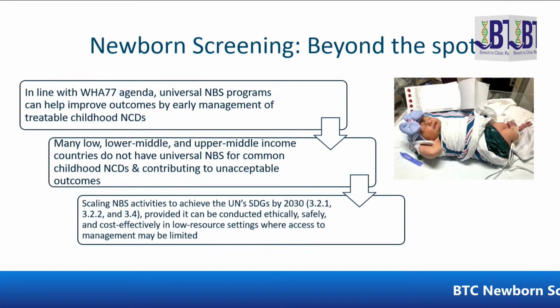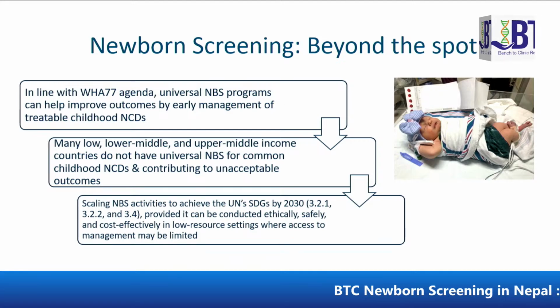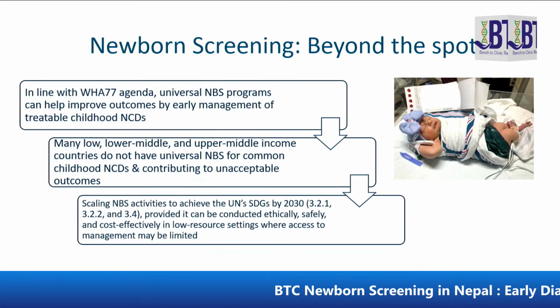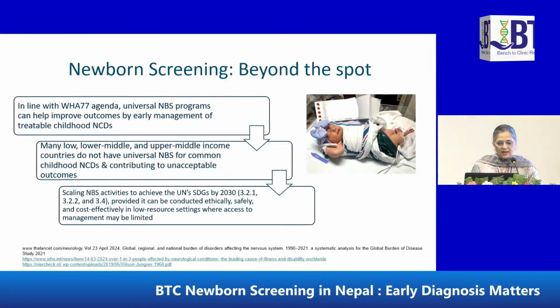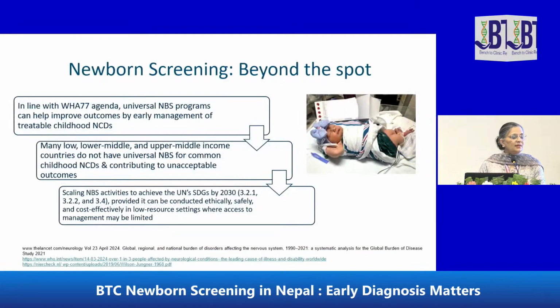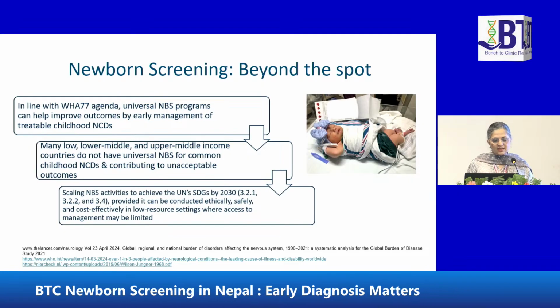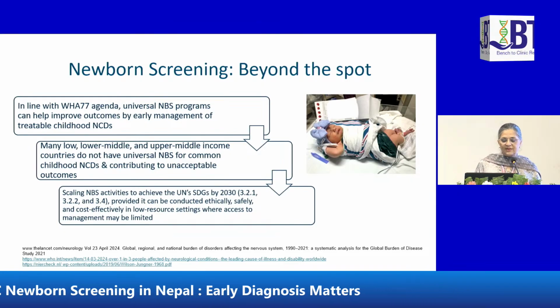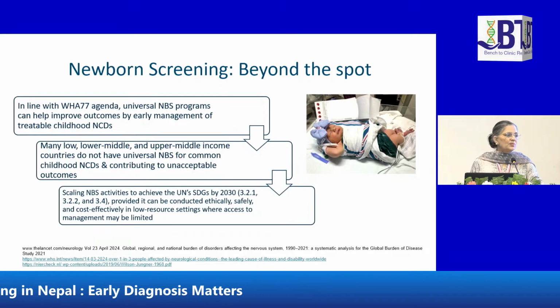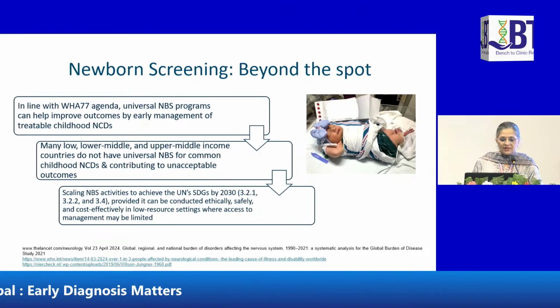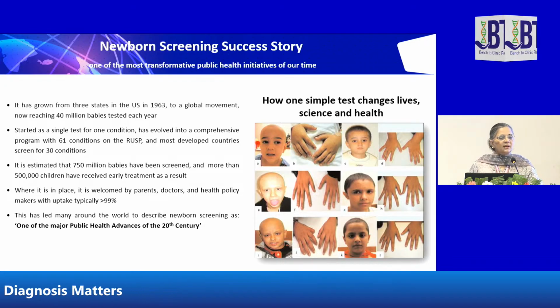So there is considerable interest in scaling newborn screening activities to achieve the United Nations SDGs by 2030, provided newborn screening can be conducted ethically, safely, and cost-effectively in low-resource settings where access to management may be limited.